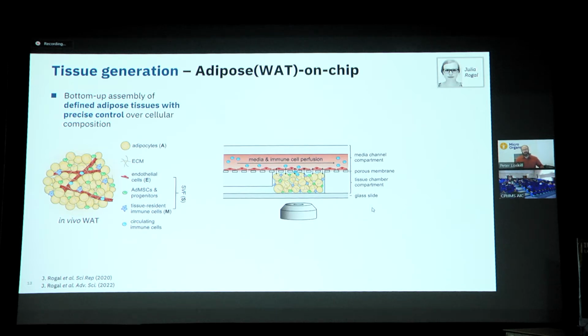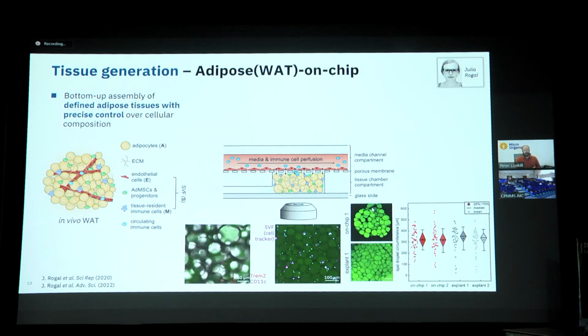We bring the adipocytes, the progenitor cells and the tissue-resident immune cells into a cylindrical tissue chamber embedded in a hyaluronic acid-based hydrogel. And thereby we can recapitulate really the structure of the adipose tissue, but we can also see that the macrophages are migrating around through the tissue and even building something like crown-like structures.